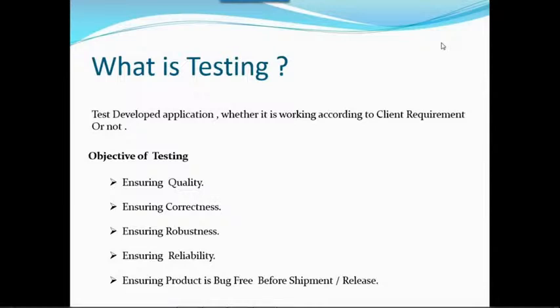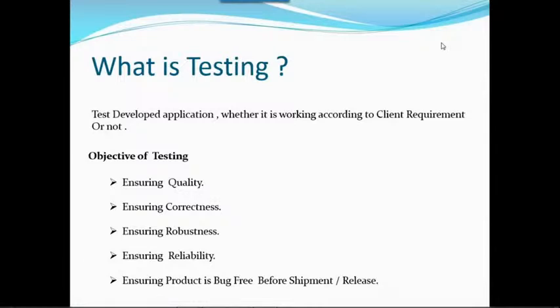We cannot do 100% testing, it's not at all possible, but we give the client the assurance: don't worry, we already tested your application, we found a lot of issues, we already fixed and verified those issues, and you can happily launch the product in the market. Only then will the client launch the product.